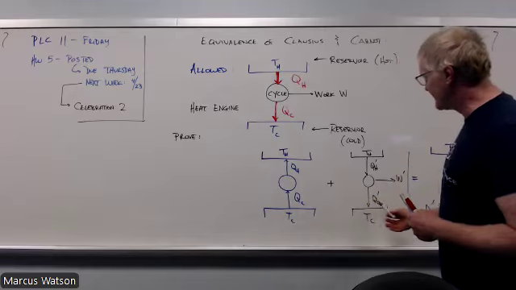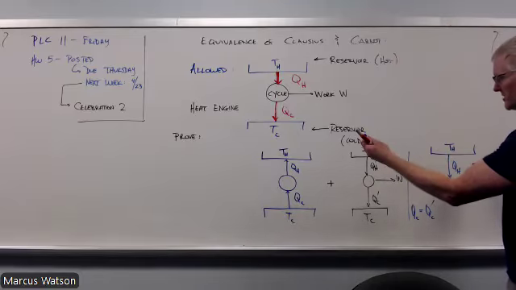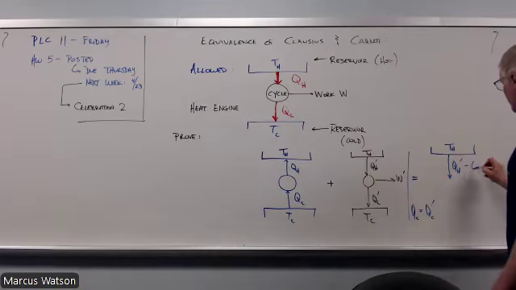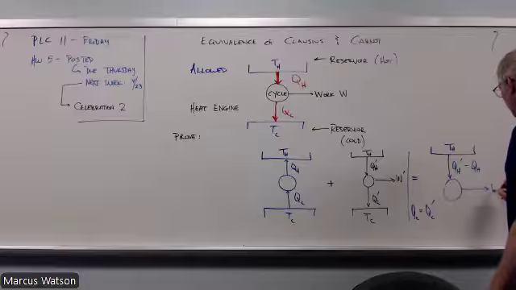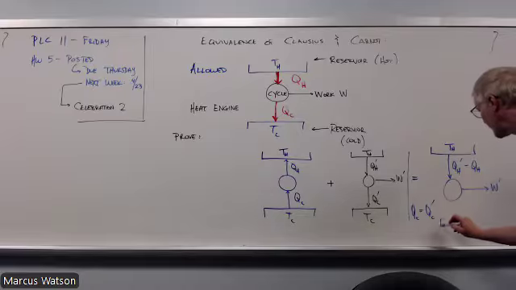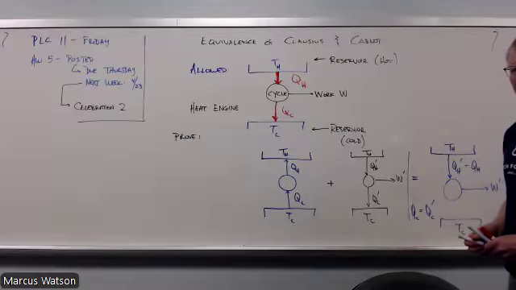These two are going to add to 0. QH, I'm just going to assume that QH prime is greater than QH. I'm going to get W prime out, and you'll notice that my cold reservoir down here is just sitting here with nothing to do.